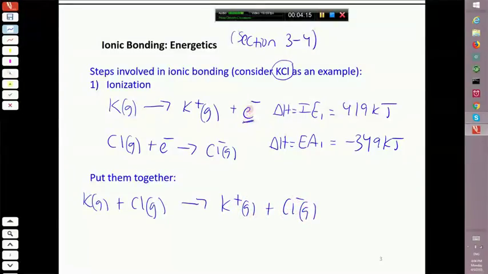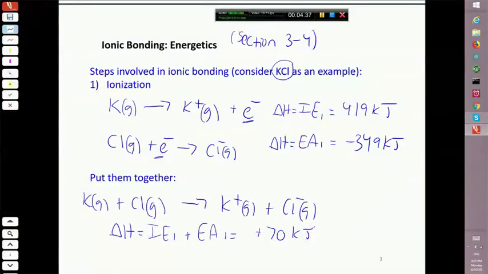The electron here cancels out as an intermediate when we add these two equations together. And then the delta H for this process would just be the sum of the two delta H's, the ionization energy of the metal, potassium, plus the electron affinity of the nonmetal chlorine, which is plus 70 kilojoules.